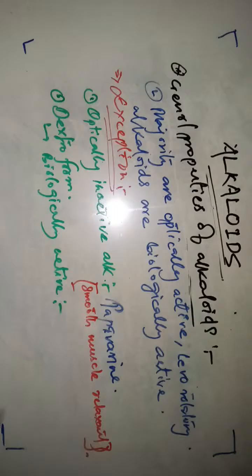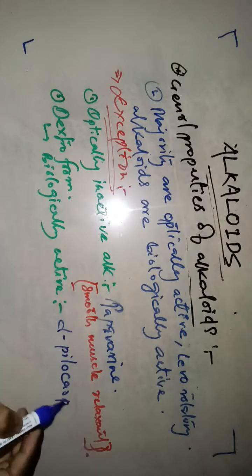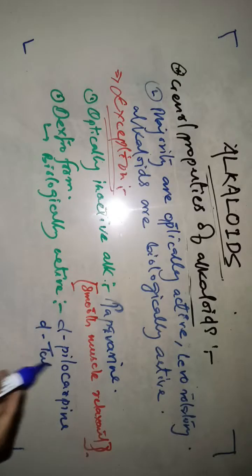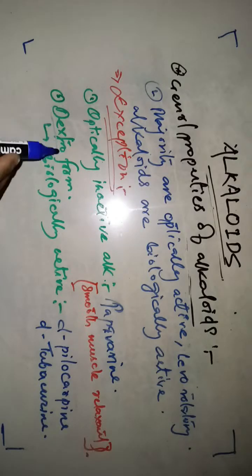D-pilocarpine and D-tubocurarine both are biologically active, but in which form? In dextroform. They are biologically active in dextroform.